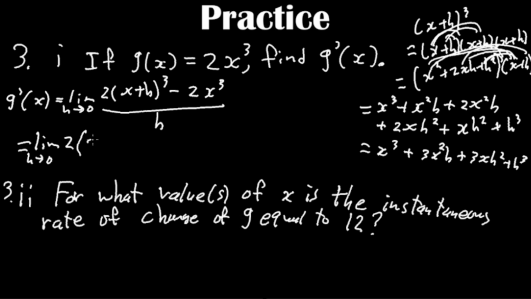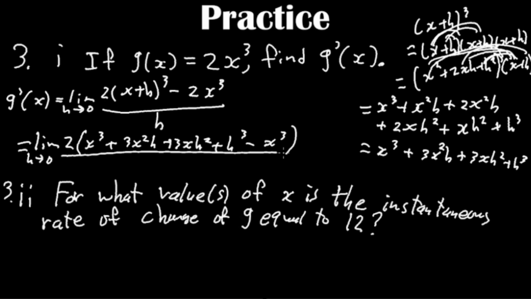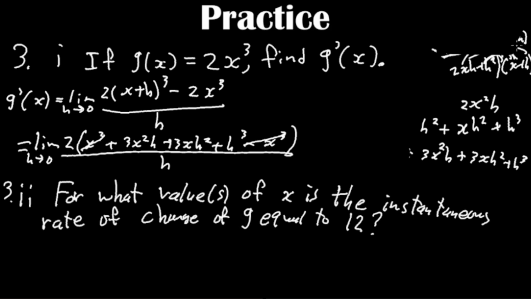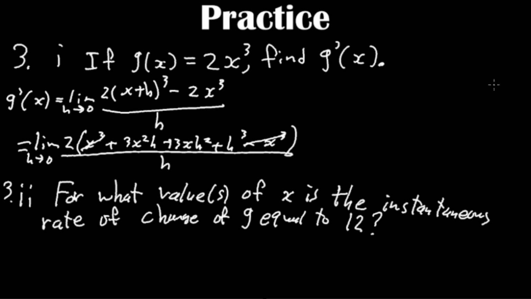So 2 times x cubed plus 3x squared h plus 3xh squared plus h to the third power minus x to the third power all over h. These x to the third powers will actually cancel. That's usually the pattern you'll notice, that if you have the derivative of x to the n, you'll have something like x to the n minus x to the n, so those will usually cancel.